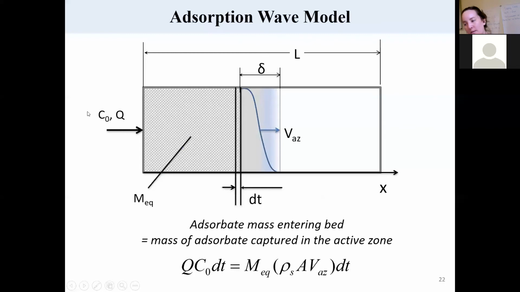It's the flow rate times the concentration times this step of time, and it is equal to the equilibrium concentration, the amount of material that the filter can bind, times the density, the area, and the velocity divided by time. This is basically a volume per time, which is being consumed and used to bind the pollutant.